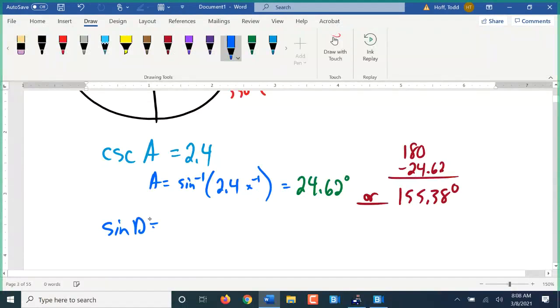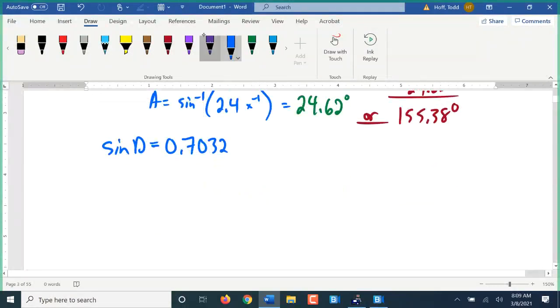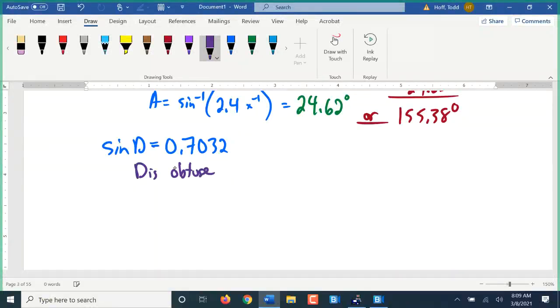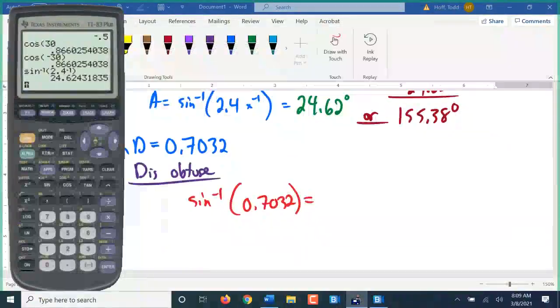So if I tell you that the sine of angle D is 0.7032, but I also tell you that D is obtuse, how do I find angle D? Inverse sine of 0.7032 gives me 44.68 degrees.